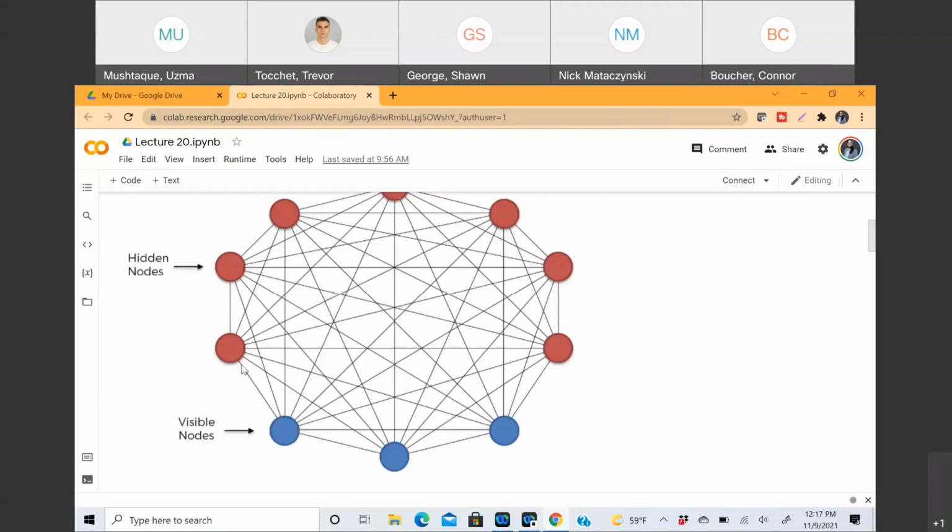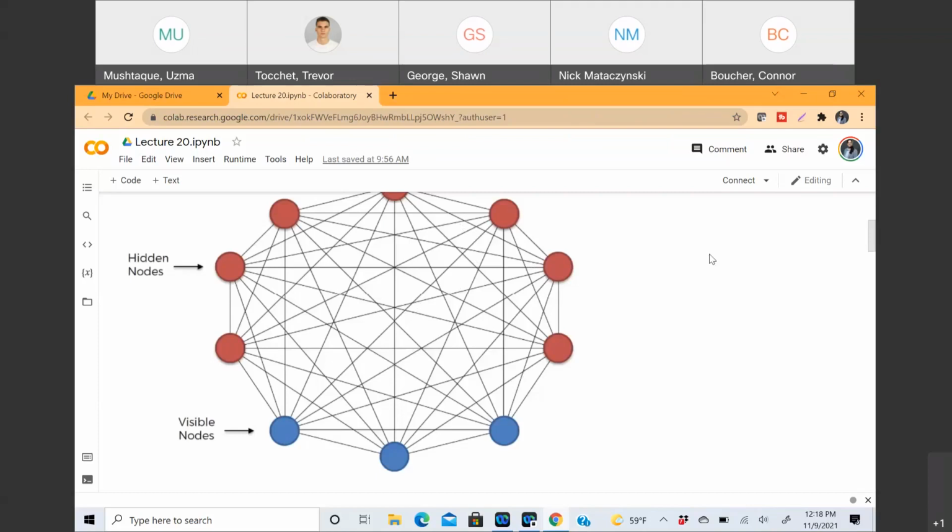So as we increase the number of nodes, my connections are going to be huge, and so training this network becomes really difficult. That's the first thing: this is hard to implement, because every node is connected to every other node. As I increase those, depending on the size of my data or whatever problem you're trying to solve, this is going to be hard to train.